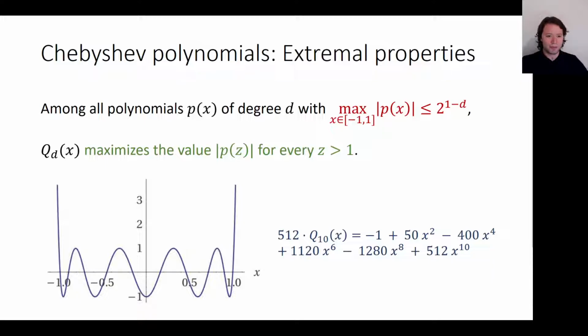So among all polynomials with the same maximum magnitude as Chebyshev between -1 and 1, the Chebyshev polynomial maximizes the value of the polynomial evaluated at every point outside that interval.